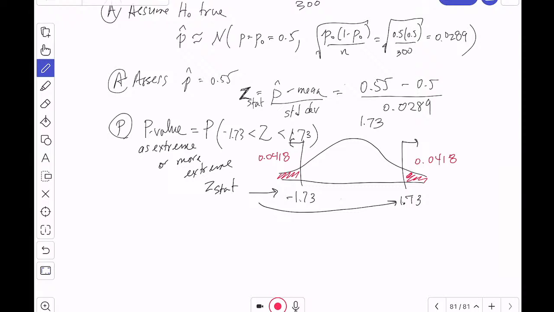Oh, sorry. Not this way. I have to do this. I wrote it wrong. My apologies. So I did teach you earlier on how to write these when you're looking in the tails. So what you're supposed to write is, let's do this properly.